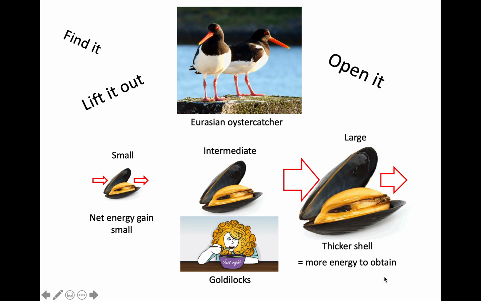So it can be hard to process them, to lift them out of the sand, and to actually open them to get what's inside. So we tend to see that oyster catchers choose intermediate to large size shells instead of the largest ones in order to maximize their profitability. So you can kind of think of this as Goldilocks finding just the right size to maximize profitability.